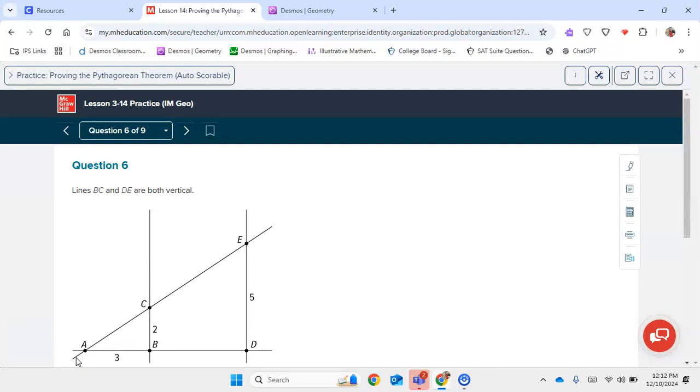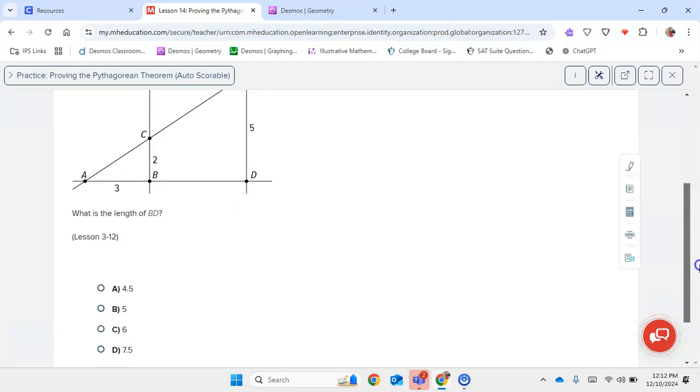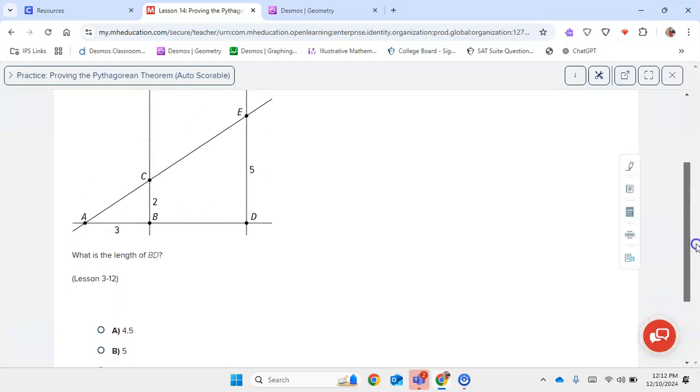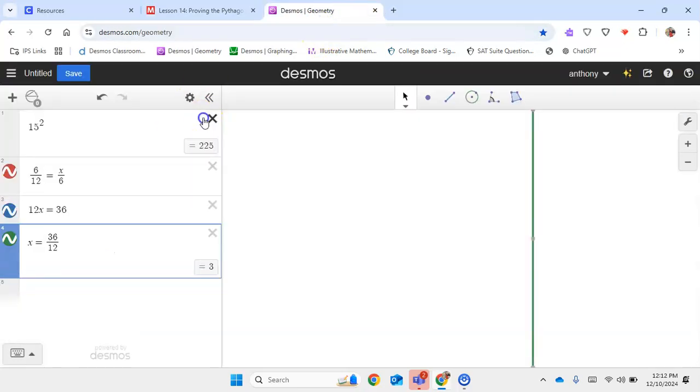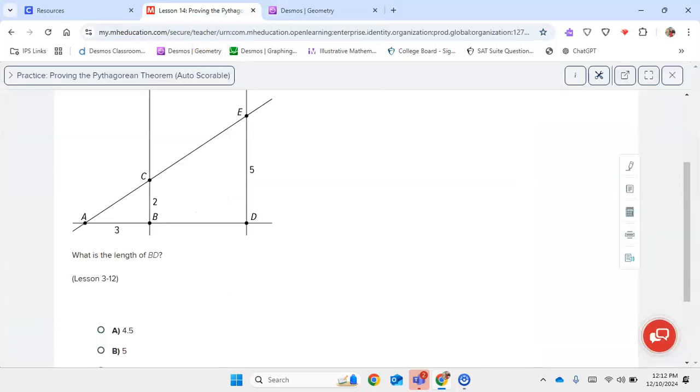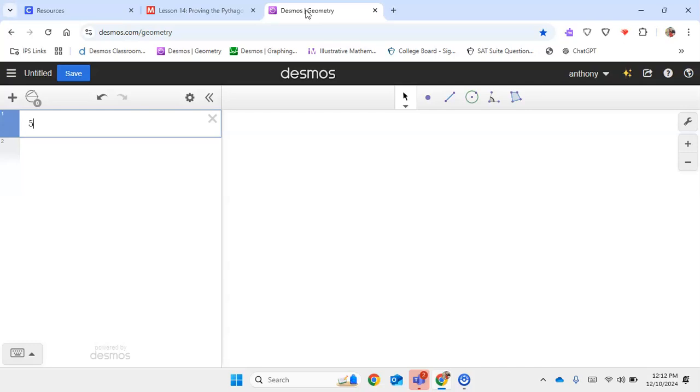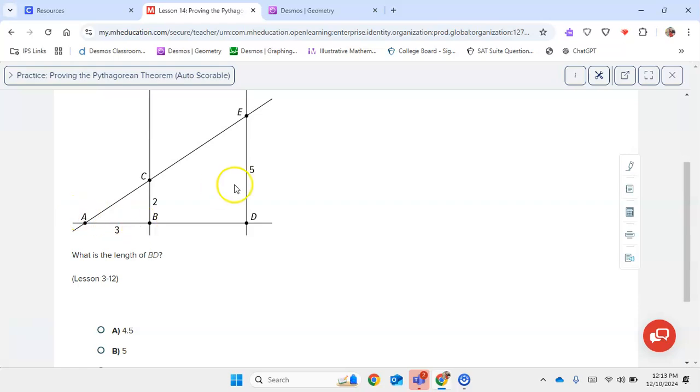Question 6. Lines BC and DE are both vertical. What is the length of BD? Okay, so we have big triangle over small triangle, 5 over 2 equals big triangle over small triangle.